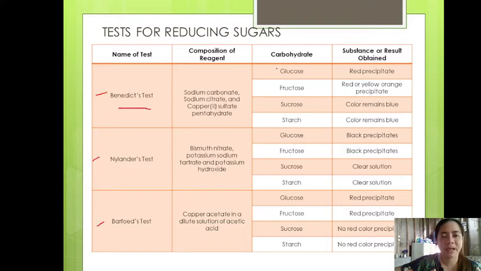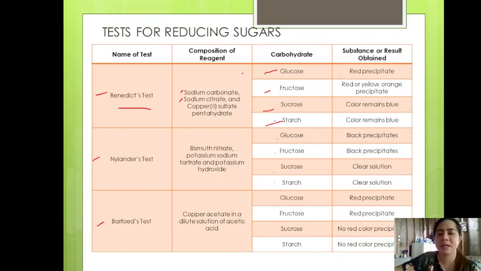In the Benedict's test, the composition of the reagent is sodium carbonate, sodium citrate, and copper sulfate pentahydrate. We have the carbohydrates glucose, fructose, sucrose, and starch.